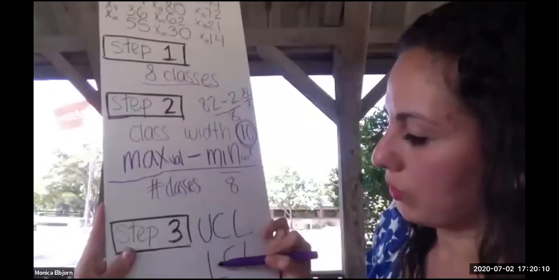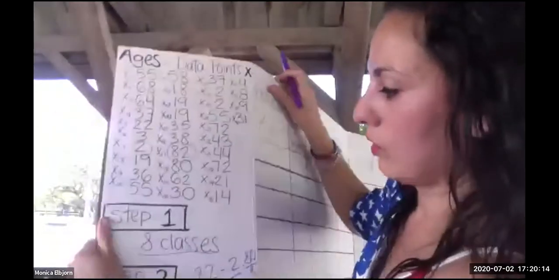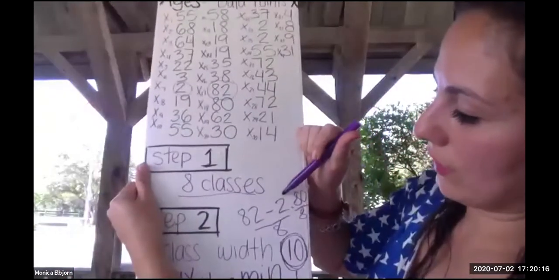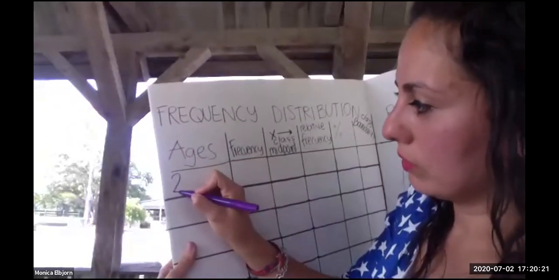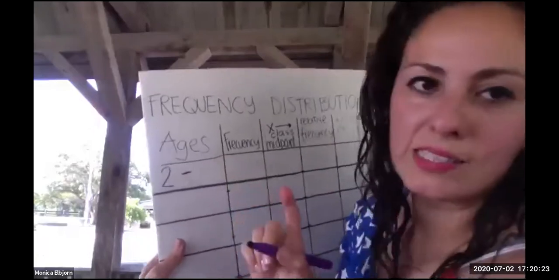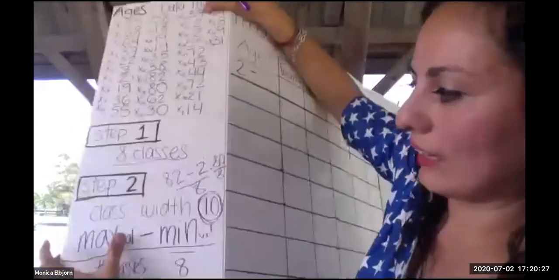So step 3, we're gonna start with our first class, lower class limit. We got here that our lower class limit is 2. So we start with a 2. And then this is gonna be a tricky question. How do we use our class width?